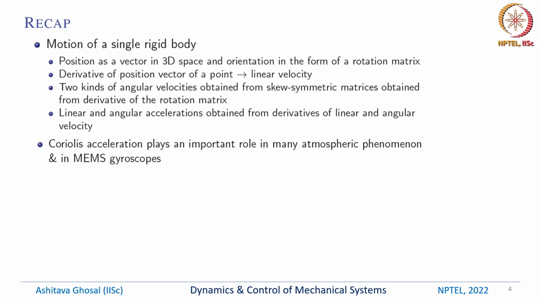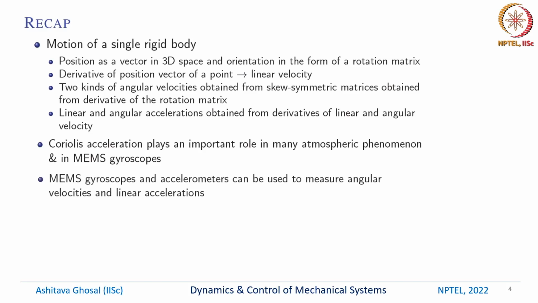One of the interesting things was something called Coriolis acceleration, which plays a very important role in many atmospheric phenomena and in MEMS gyroscopes. If you recall, it was something like 2 into omega, the angular velocity of the rigid body, into the relative velocity of a particle on the rigid body. That gives this Coriolis acceleration.